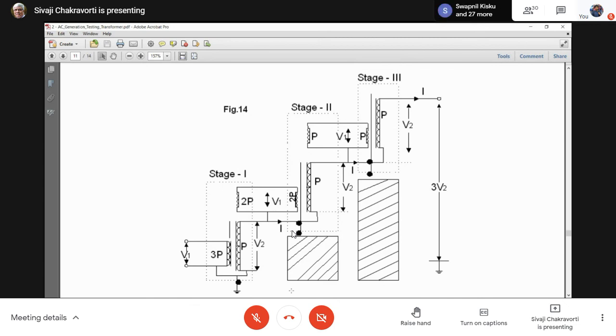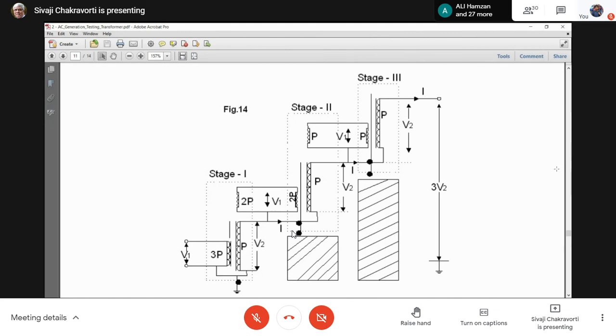So then the total installed capacity will become, you can clearly see, 3P plus 3P plus 3P, if I install 3P each, it will be 9P. Whereas output will become 3 into V2 into I, that means 3P. So I'm actually using 1/3 of the installed KVA capacity. I cannot use more than that.